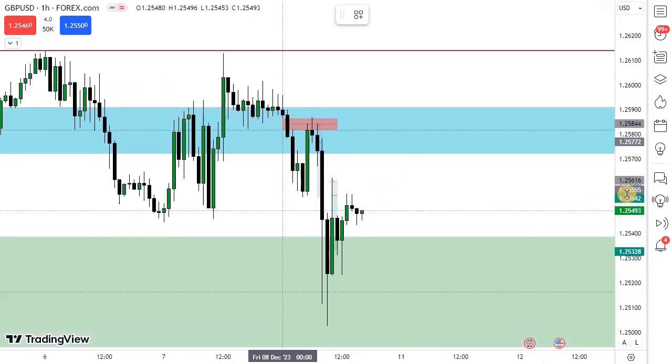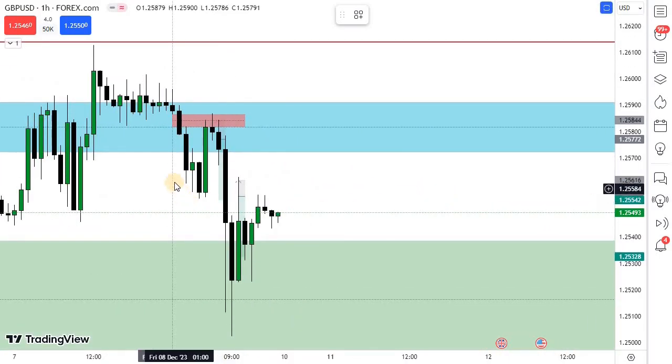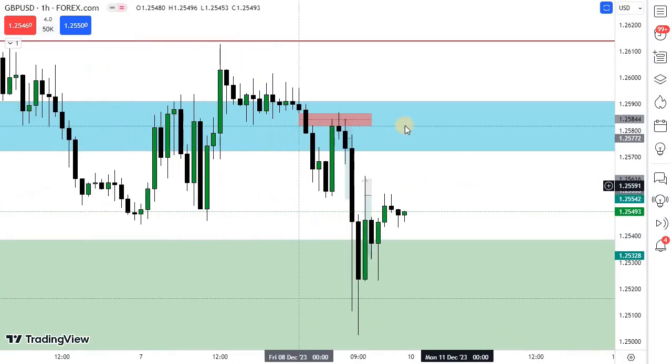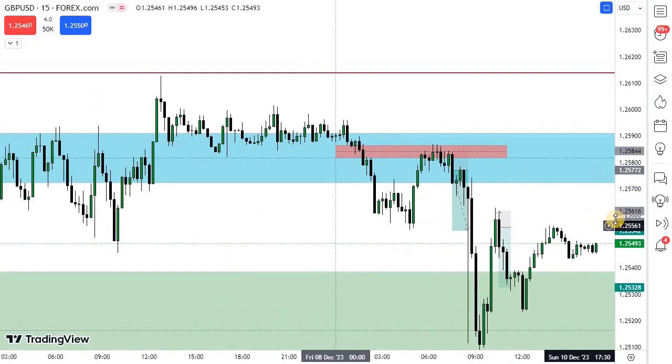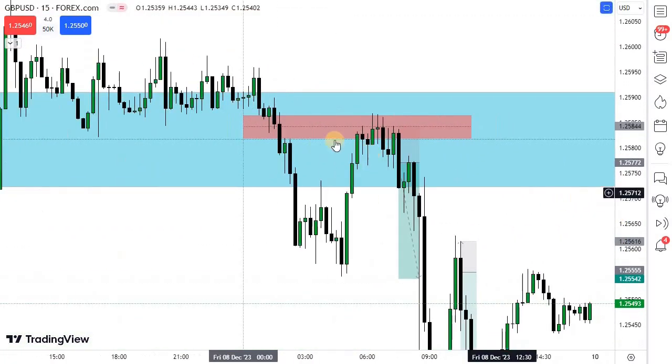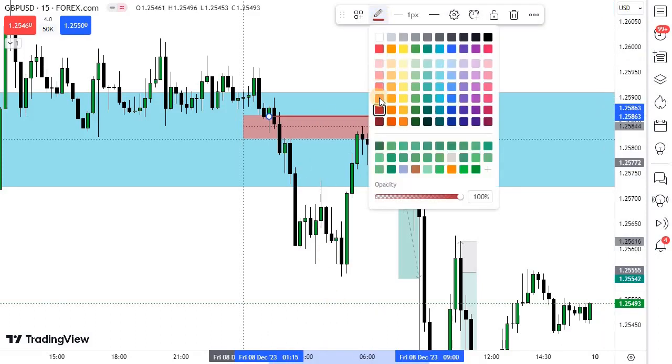On the 1 hour chart, you could see this vertical line is the midnight open, and I saw that price was now hanging around that fair value gap, and at that time I went to a lower time frame, the 15-minute chart. On the 15-minute chart, you can see that there is still that small fair value gap and also a 15-minute order block.